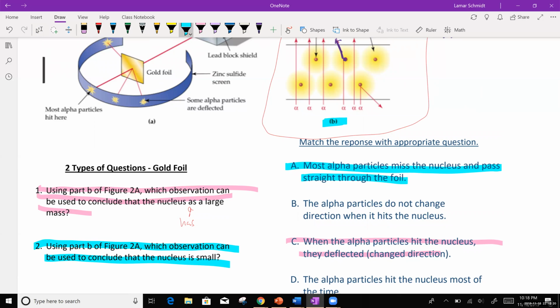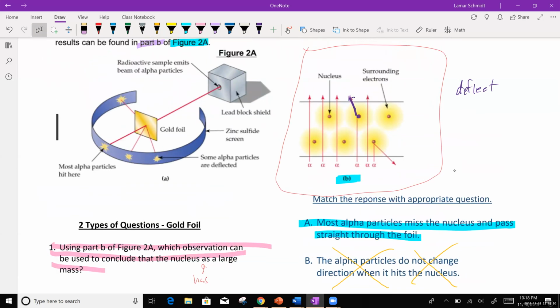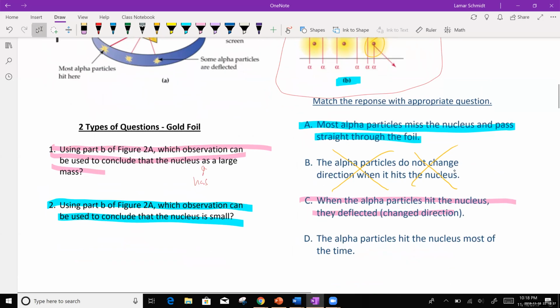The other two choices: the alpha particles do not change direction when they hit the nucleus. That is not something we observed. We see that when these alpha particles hit the nucleus, in both cases, they definitely change direction. So that is not true. And then part D says that the alpha particle hit the nucleus most of the time.